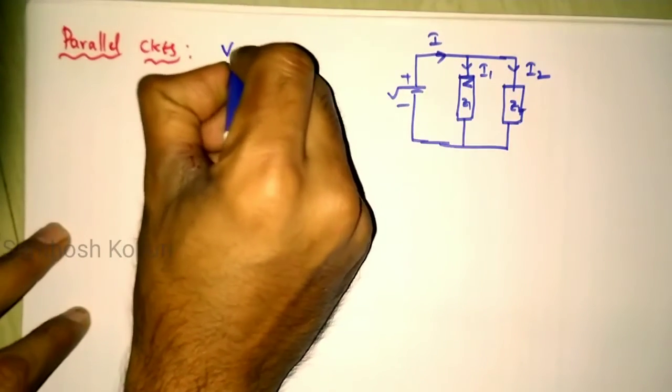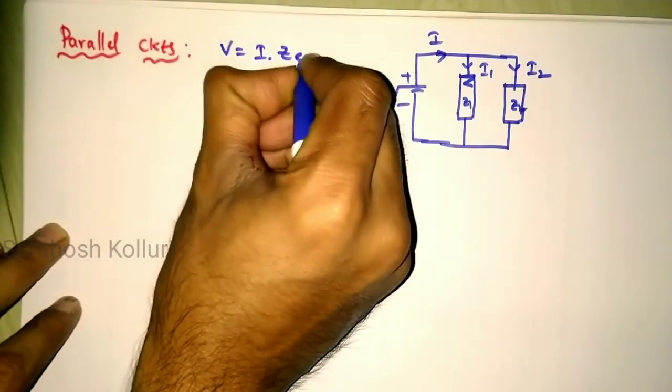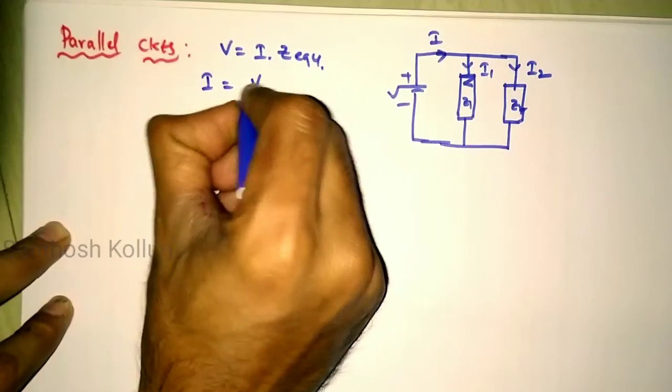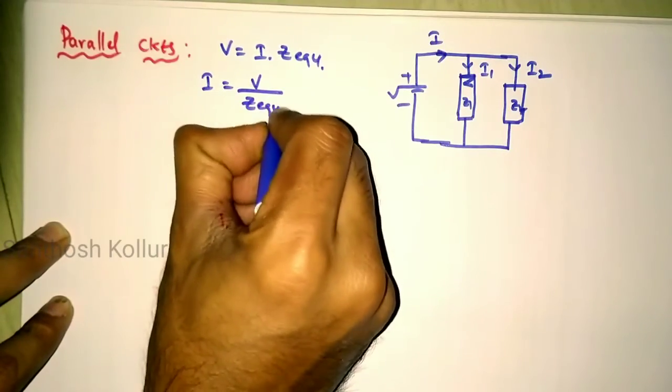So V is nothing but I into Z equivalent. From this, I can be written as V by Z equivalent.